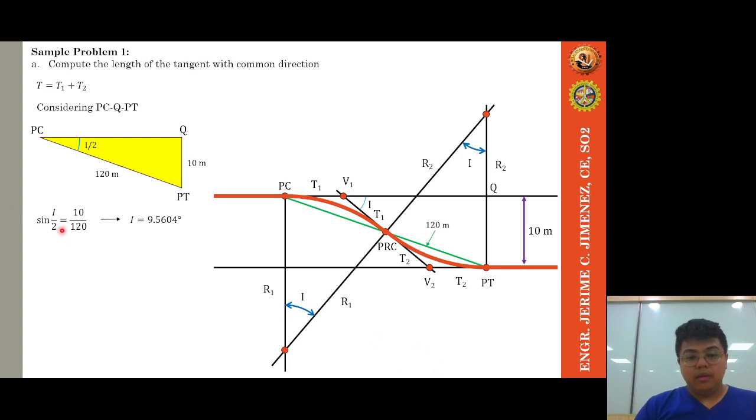Now, meron ulit tayo dito mapo-form na right triangle. So, we have the right triangle considering points V1, V2, and an imaginary line perpendicular to the forward tangent. Okay, line na to. Okay?